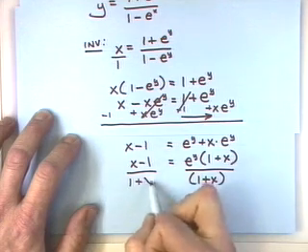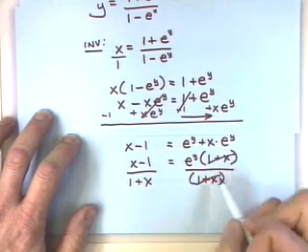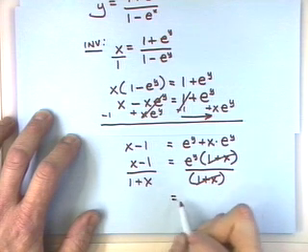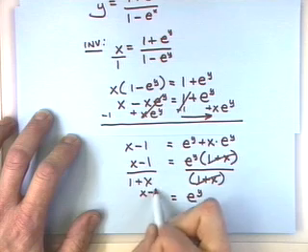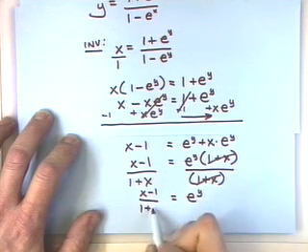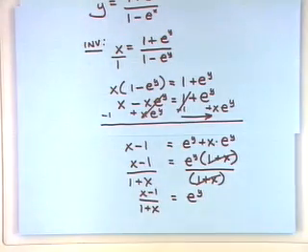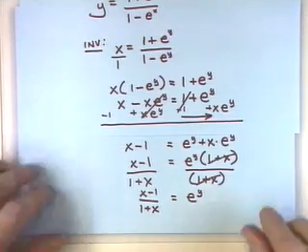Is that right? 1 plus x. Okay, and I think we're ready for suggestion number 2. Take the natural log of both sides, since we've got y in the exponent position and we want to get y out of that position.